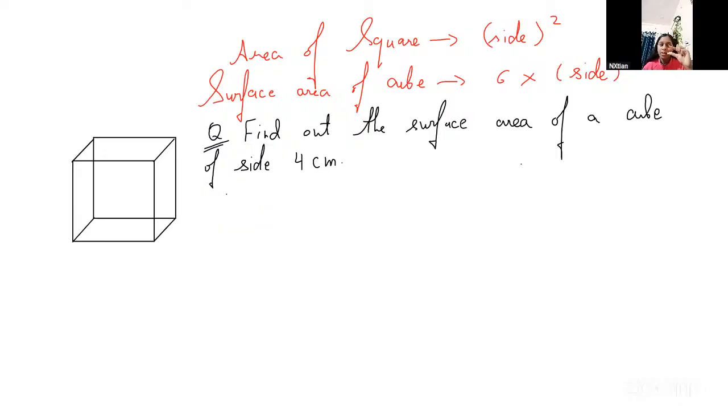It's a small cube. So what we do? First we take side square. 4 into 4 how much? The formula is surface area is equal to 6 into side square. So we do 6 multiplied by 4 into 4.